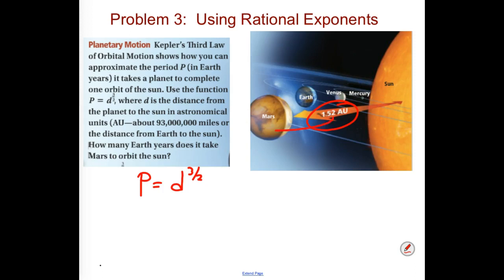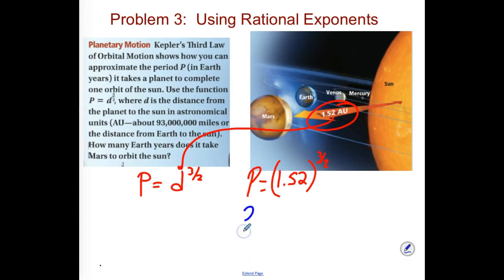D, the distance. Okay, so P equals 1.52 to the 3 halves power. How would we type that on our calculator? Can you raise something to a fraction power in your calculator? That's what I want you to check. I'm going to pause the recording. You guys grab your calculators and try it.